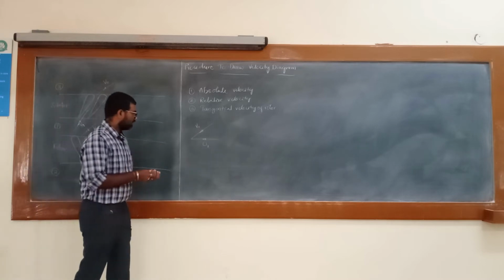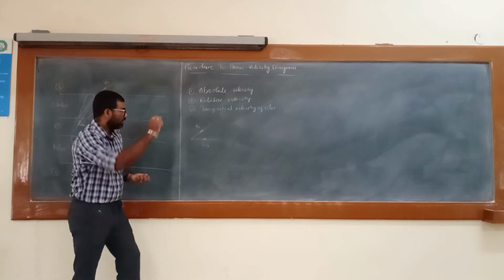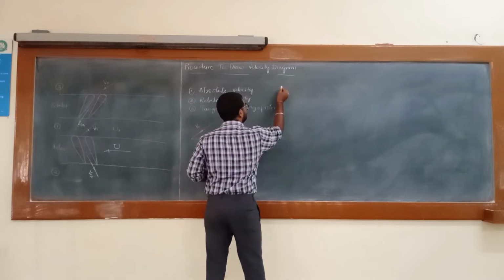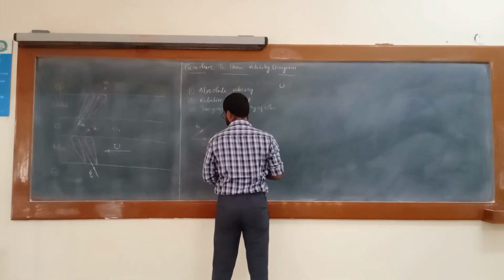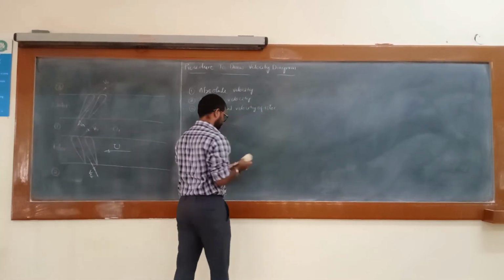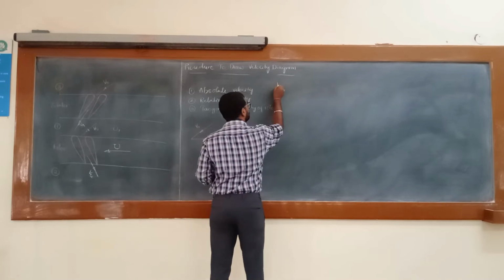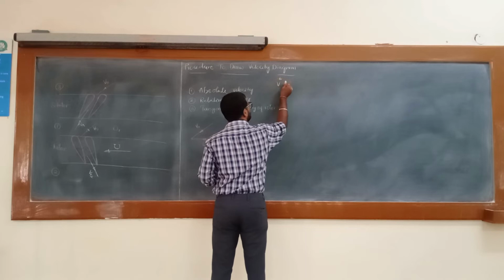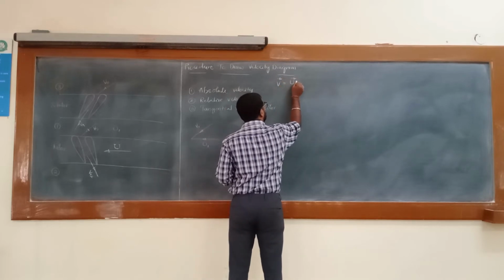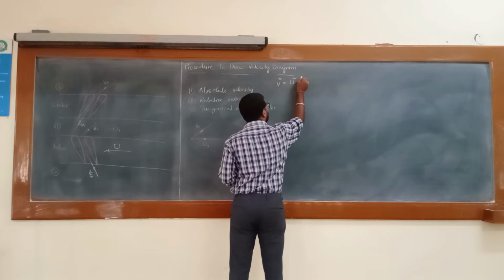See here, the direction of VR1 should follow the vector law: vector V is equal to vector U plus vector VR.